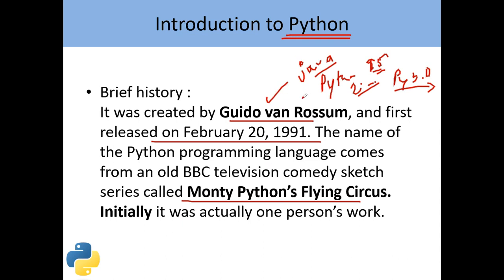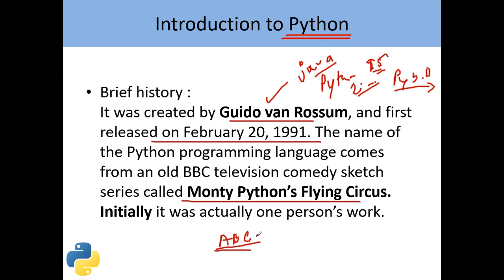This person is very famous now. I also request you to explore a few YouTube interview videos of Guido van Rossum. Initially he was in a project to invent a language called ABC, and he was in the group of that language.